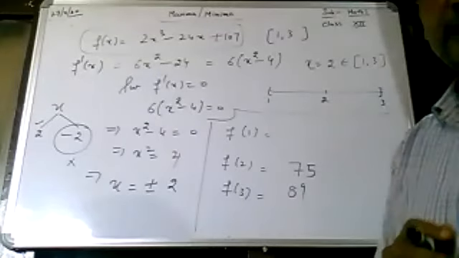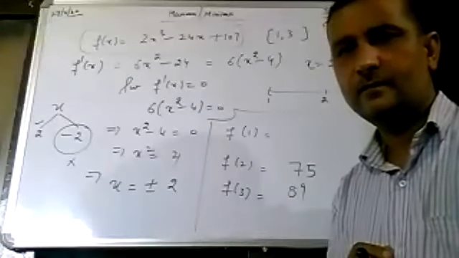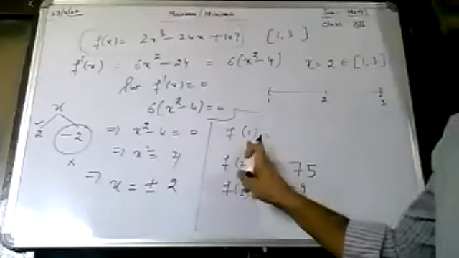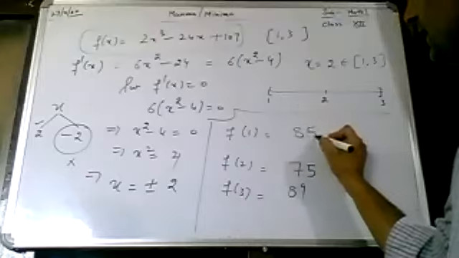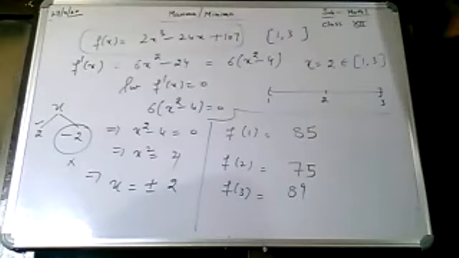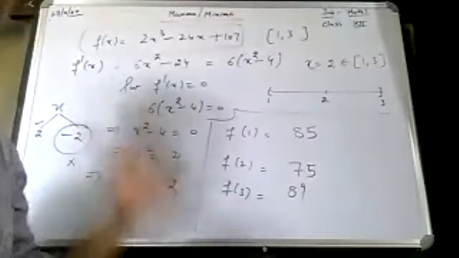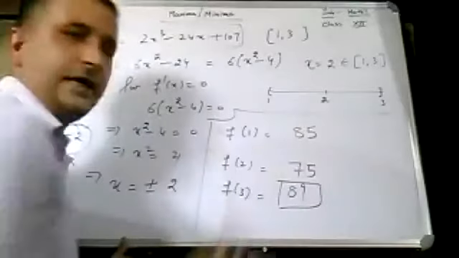First group, I suppose. No, last. Sahaj, Niharika, Muskan. So at x is equal to 1, the answer is 85. Okay. So class, what is the question? Find the maximum value. So maximum value is maximum out of the 3 values. 89 is the maximum.